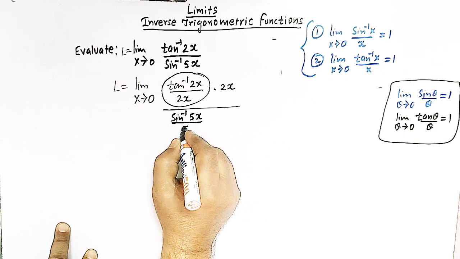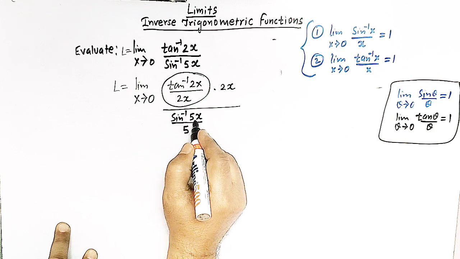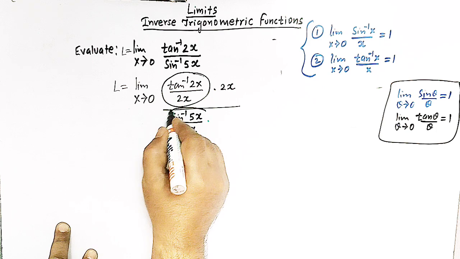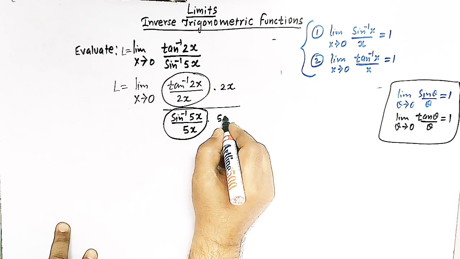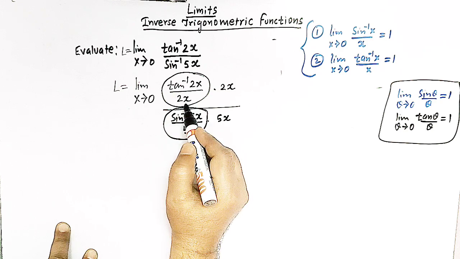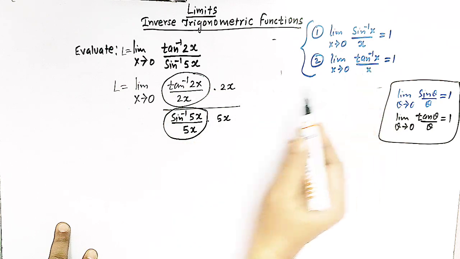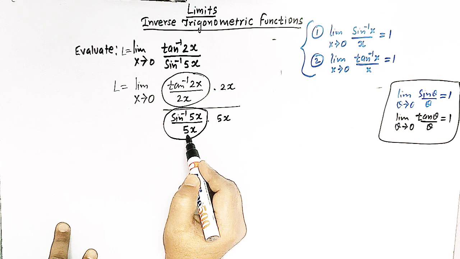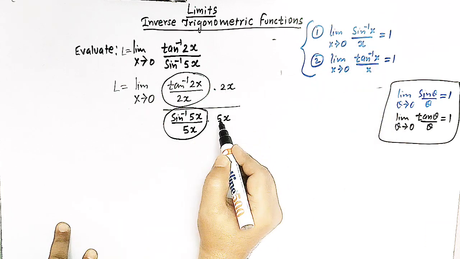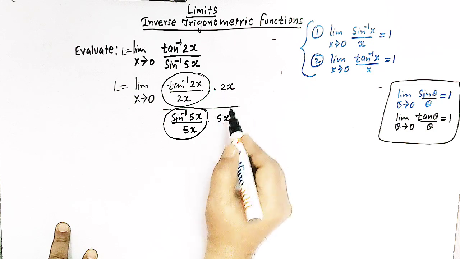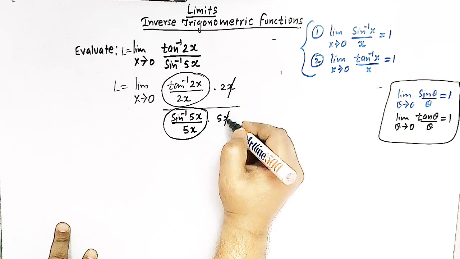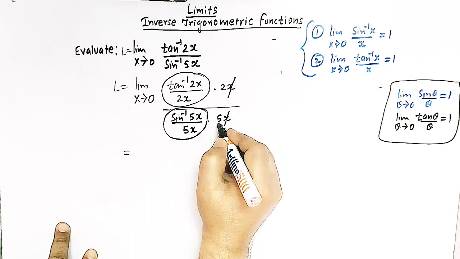Let us write the denominator sine inverse 5x as 5x, and multiply this term by 5x. Now we have here tan inverse 2x over 2x, which is of this form, and sine inverse 5x over 5x, which is of this form. And here we have the two factors, 2x and 5x. Let us cancel these two x, and we have here 2 over 5.